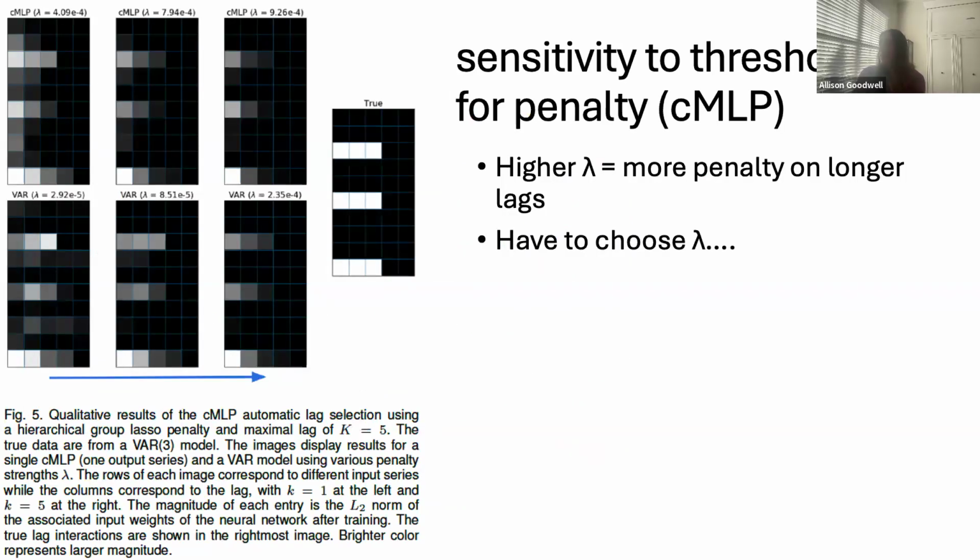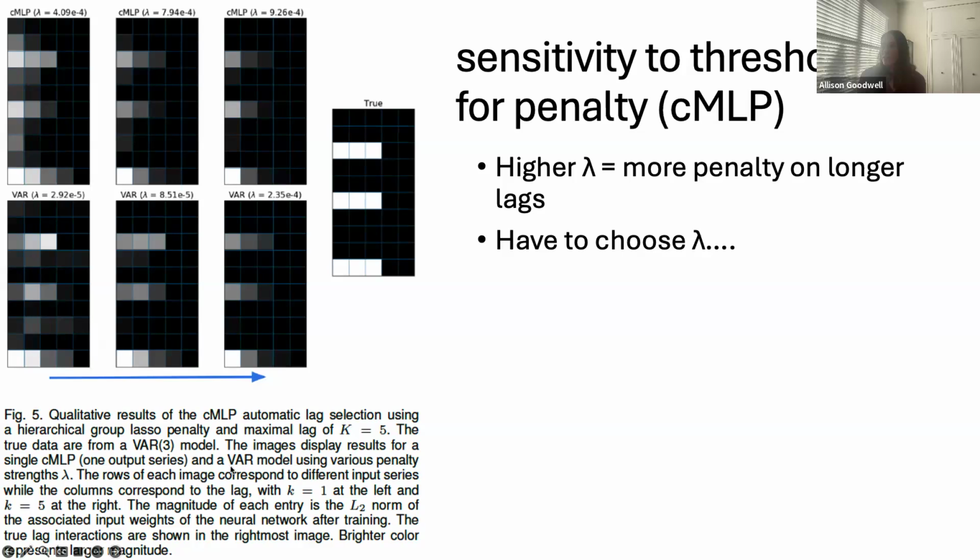And they do some explorations on how sensitive the findings are to the thresholds. So the lambda is this threshold value, and I forget what this model actually is. This is the true causality graph, and then it's one of the autoregressive models, I think. Basically, they look at different lambda values and how close they replicate this true graph.